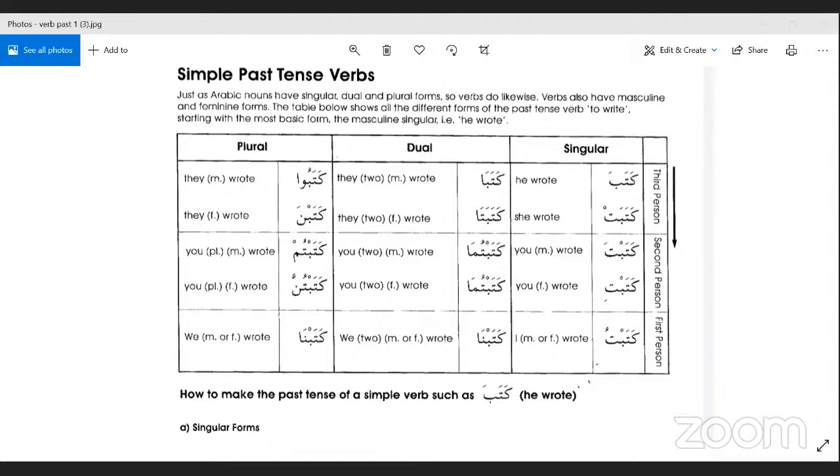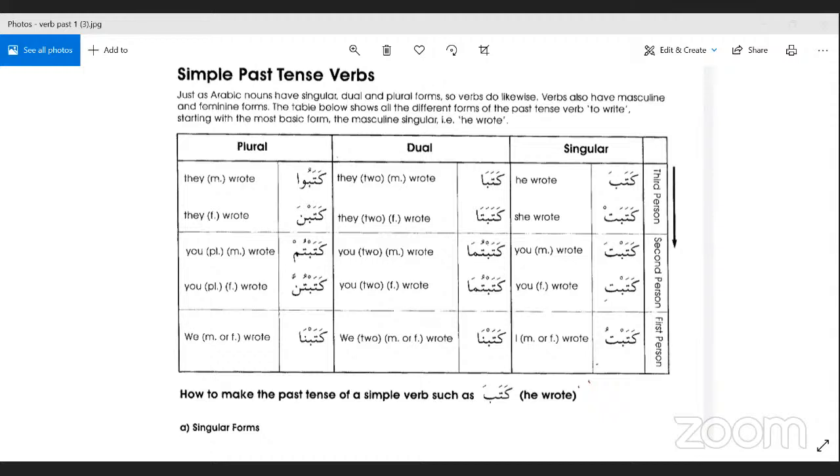Alima, he knew. Alima, they two knew. Alimu, they all knew, male. Alimat, she knew. Alimata, they two knew. Alimna, they all knew. Alimta, you knew. Alimtuma, you two knew, male.